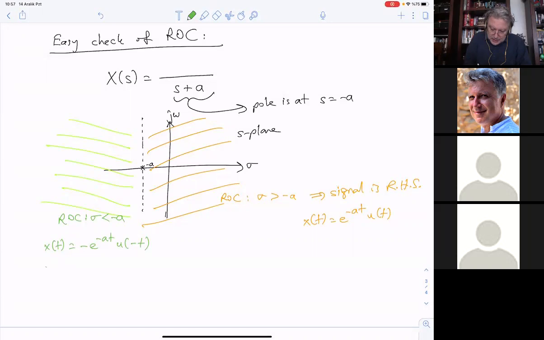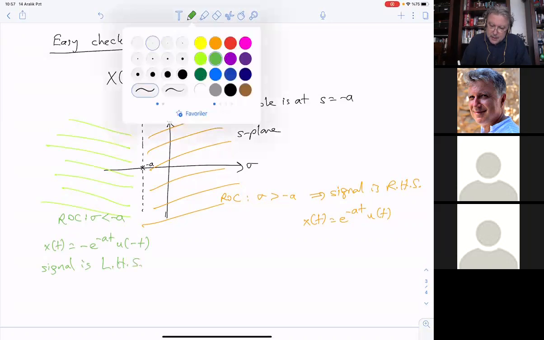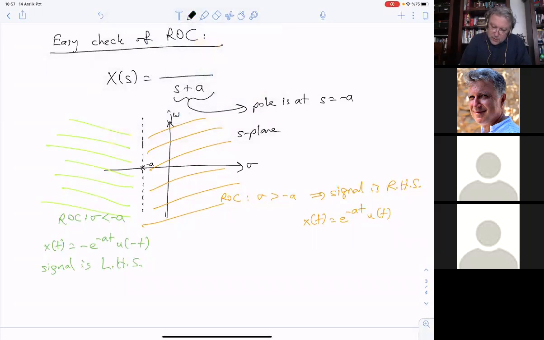So the signal is left-hand sided, and overall I was assuming that it is 1 over s plus a. If the signal is right-hand sided, the region of convergence is also right-hand sided. If the signal is left-hand sided, the region of convergence is also left-hand sided.